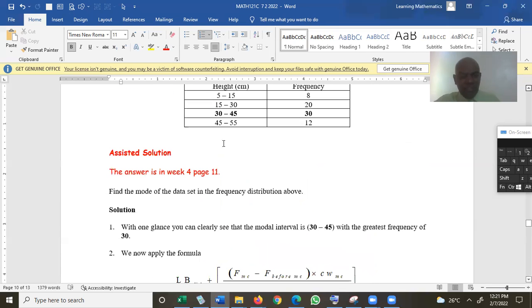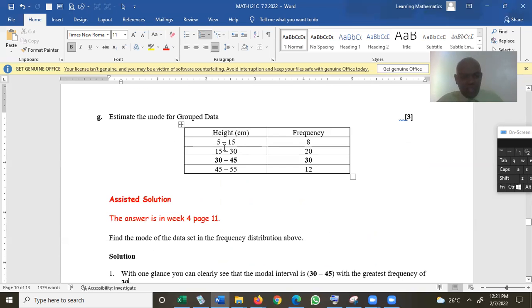So 5 to 15 is a class, is a group, is an interval. Three words to describe these two numbers. 30 to 45 is a class, a group, an interval.